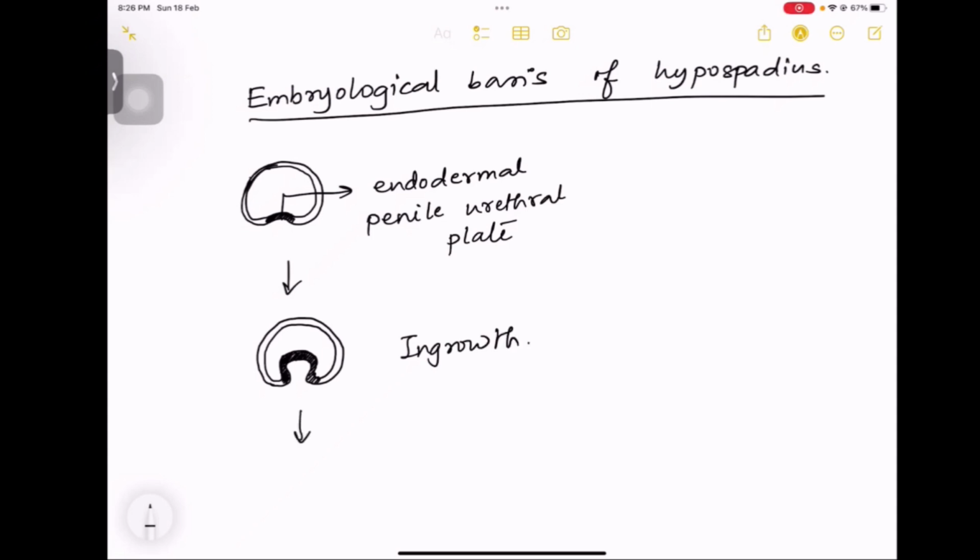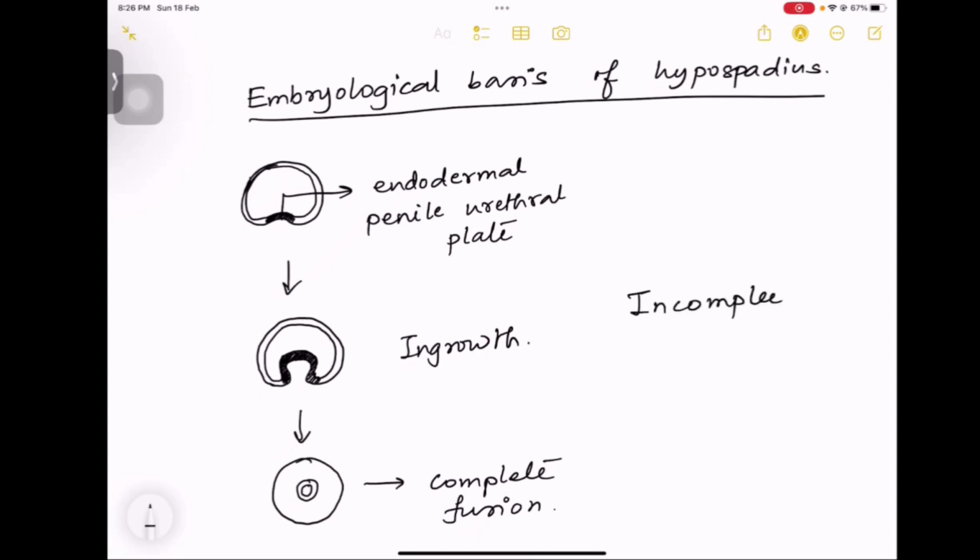There will be ingrowth of this plate, and after this ingrowth, there will be complete fusion of this plate. Now suppose there is a failure of this complete fusion, or incomplete fusion, of the endodermal penile urethral plate, it will cause hypospadias.